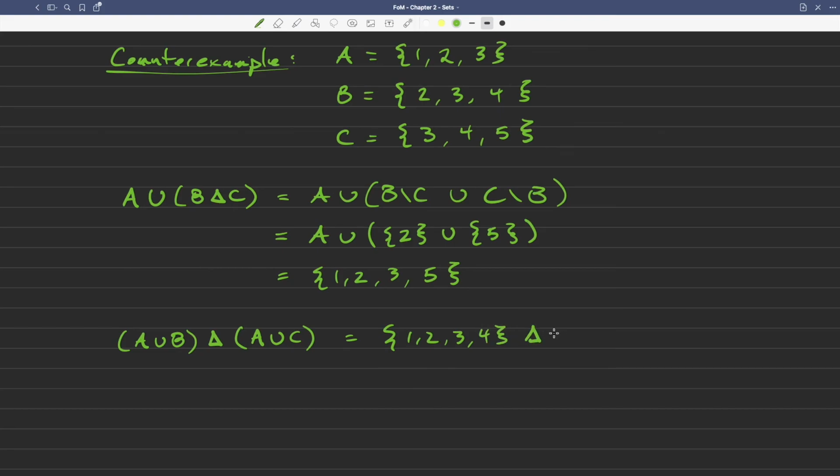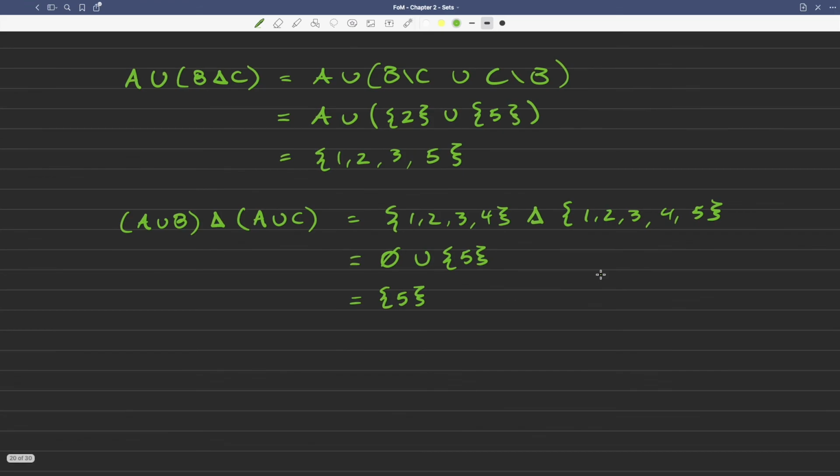Then we want to triangle that with A union C, which would be 1, 2, 3, 4, 5. So then you take the first one, subtract out the second one. So 1, 2, 3, 4, take away 1, 2, 3, 4, 5, you get the empty set. Then union. Then you take the second set and throw away the first set, and you would just be left with 5. So this set just comes out to 5.